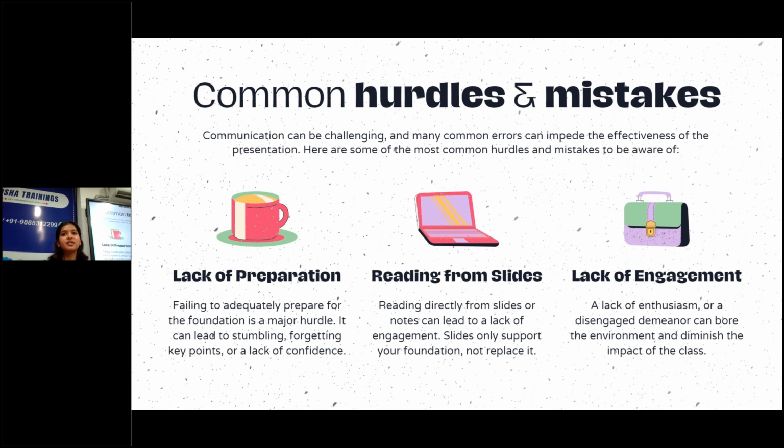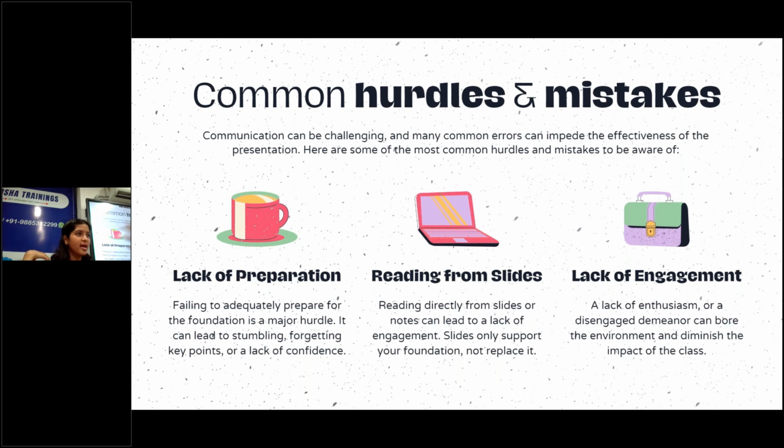Lack of engagement. This is exactly what I was talking about. Lack of engagement, where you don't engage with the audience, you don't engage with the students. If I concentrate only on you, how will it be for the online people? It gets boring for them. So to manage both, I have to interact with you guys, and with these guys also. Take feedback. If you take feedback, you'll know what mistakes you're doing and how to improve next time.